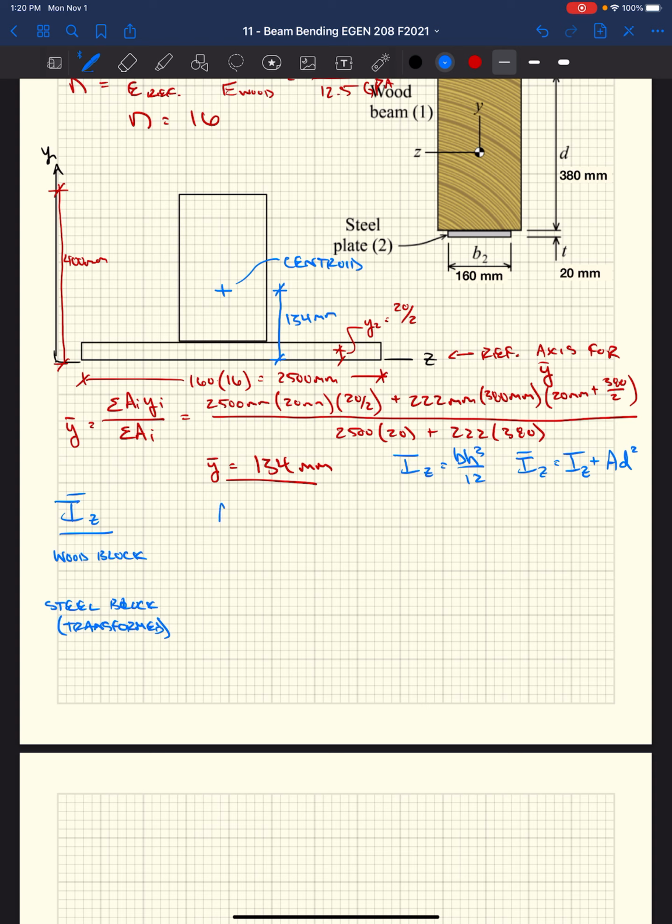So we need to know the area of our wood block. Well, this is 222 times 380. This is 2,500 times 20.